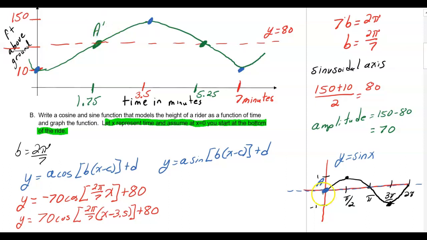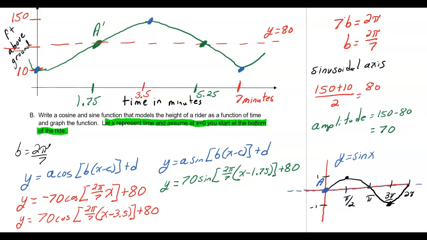So my goal is to take the blue point A, and I needed to move it. So y is equal to, notice the graph is increasing, so 70 is the amplitude, there's no reflection, sine, the b value is still 2 pi over 7, and the shift is over 1.75, so it's x minus 1.75, and then the vertical translation is up 80.